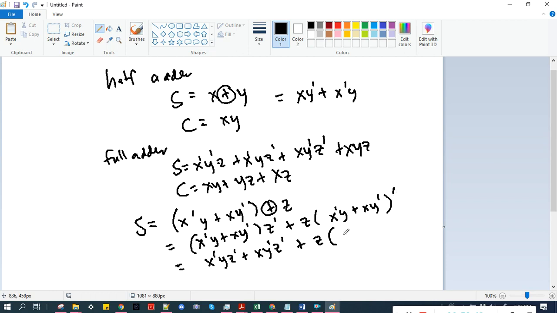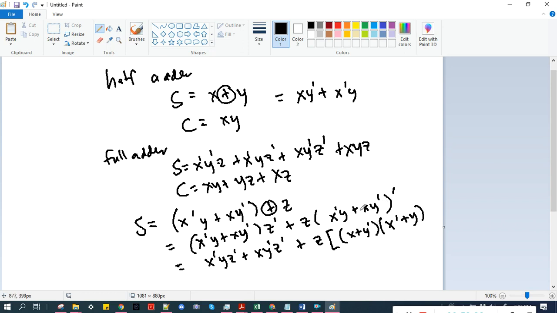Using De Morgan's theorem, we have X or Y', then multiply by X' or Y, right?